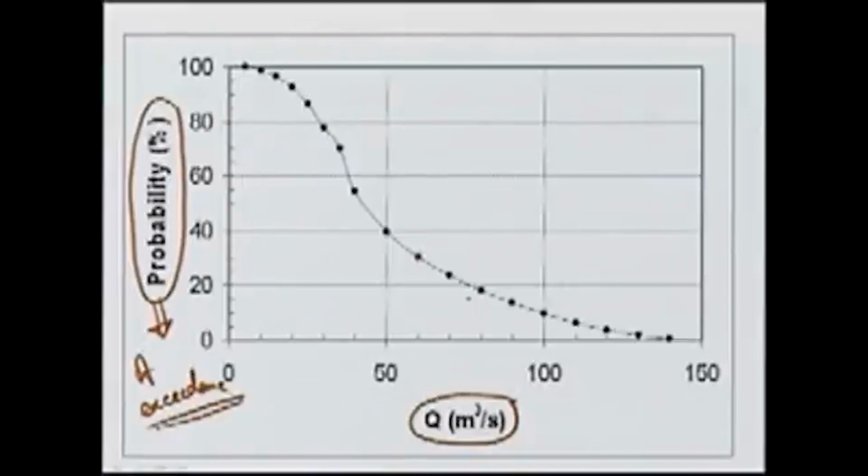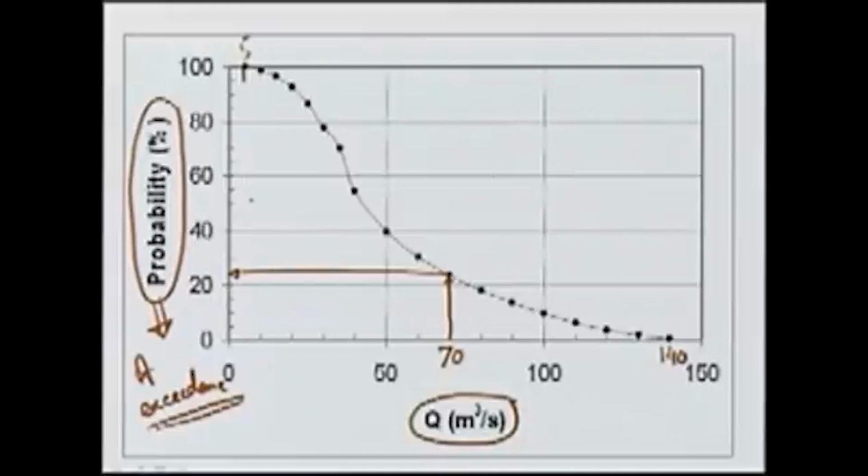Which means that if we look at any particular Q, for example, let us look at Q equal to 70, then this gives us a probability of almost 25% that a Q of 70 meter cube per second would be equaled or exceeded. In other words, we have a value of, let us say 140 here, which has a very small probability of exceedance, and then we have a value of 5 here, which has almost 100% probability of exceedance.